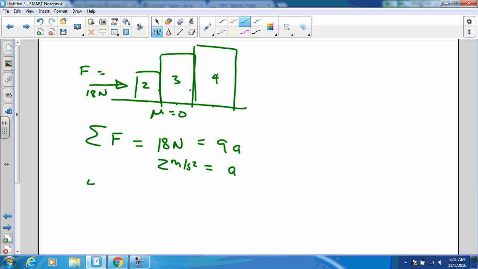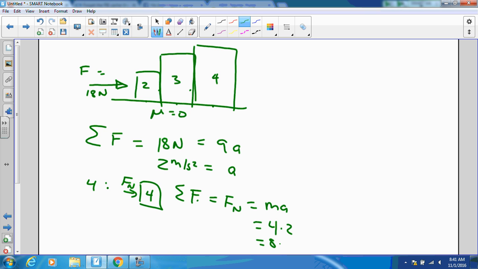So for the 4 block, my free body diagram looks like this, and therefore the sum of forces is simply Fn, which is equal to mass times acceleration, or 4 times 2, or 8 newtons. So this force is an 8 Newton force.